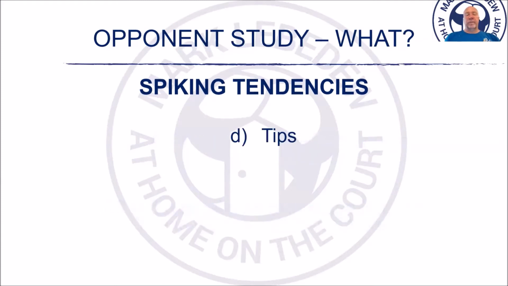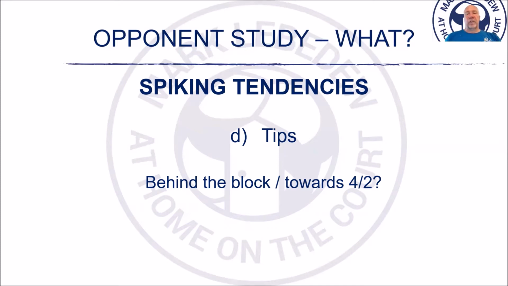Spikers who tip, they can have different kinds of tips. So tip directly over the block, a tip past the block to position 2 or 4. These days we can also include different kinds of power tips, and those should be scouted separately and paid attention to separately, and every player has slightly different tendencies.